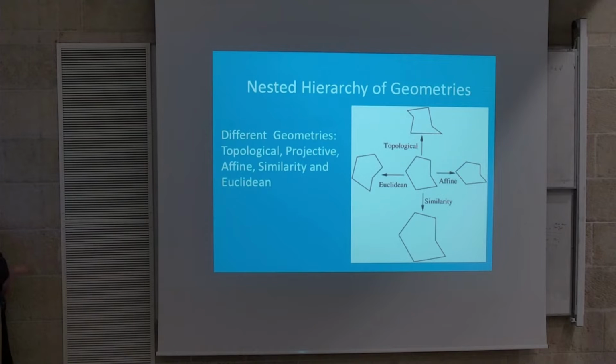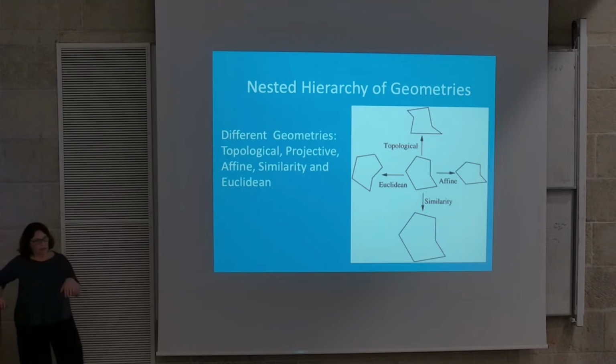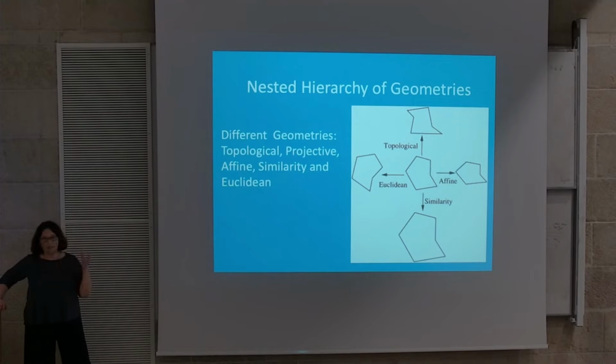This is tightly linked to the theory of groups, and now I'm talking about the hierarchical organization of groups. So you have different groups of motion. You can go for motions that are Euclidean, namely you preserve the Euclidean distance, the regular geometry that we know, and it preserves angles.